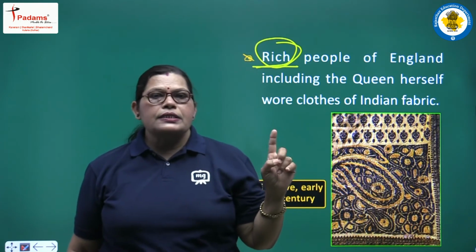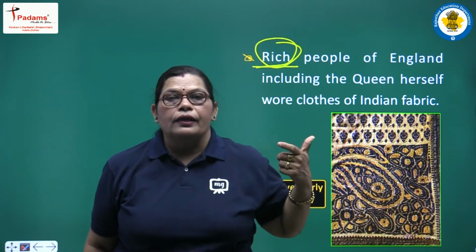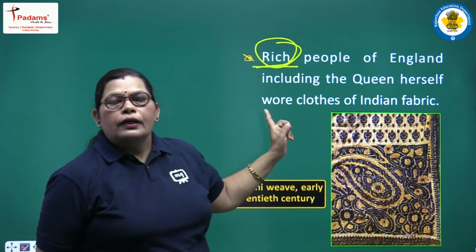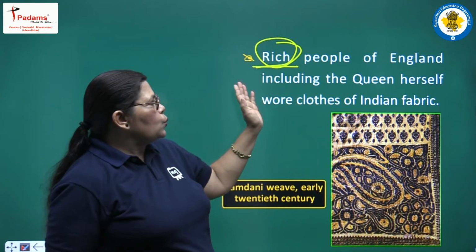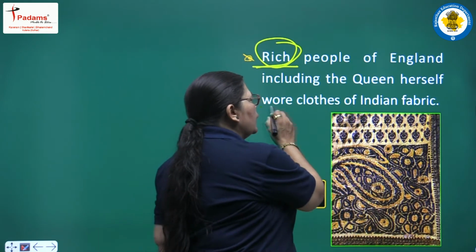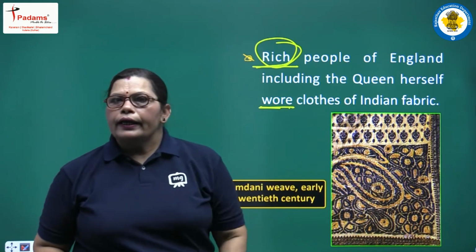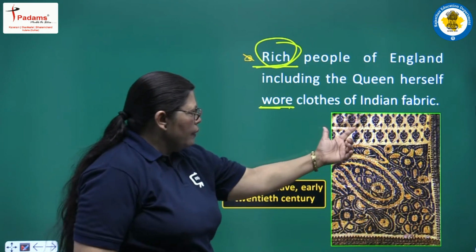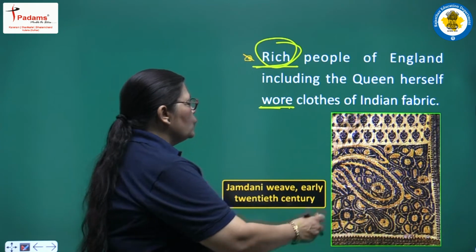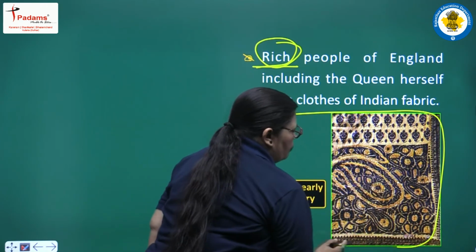We had already discussed that we will discuss this chint in the next words also. So here is the word chint in reference to the Queen of England, and the Queen herself wore clothes of Indian fabrics. See, this one is the Jamdani weave, an early 20th century picture.